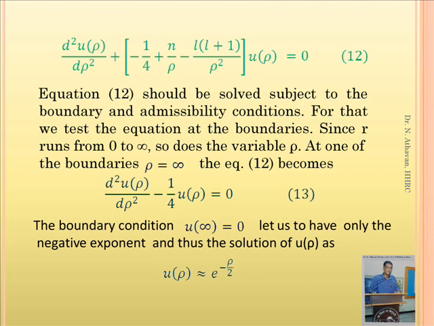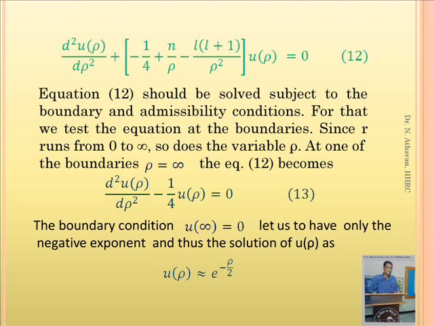For that, we have to test the equation at the boundaries, because first we want to check whether our solution will behave as desired at the boundaries. That is the first thing. For that, we take the limits of the variable r, or in other words, the limits of the variable rho, which runs from 0 to infinity. These two are the boundaries.